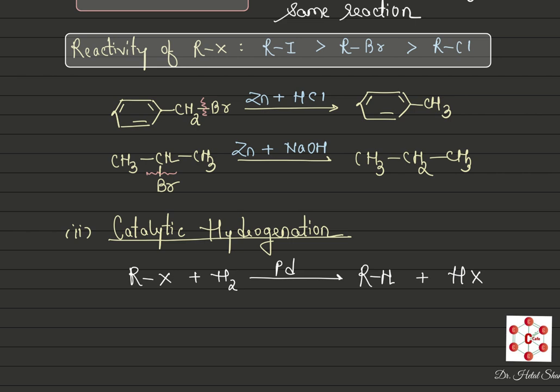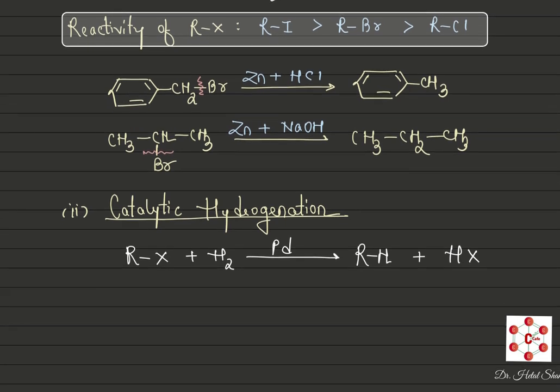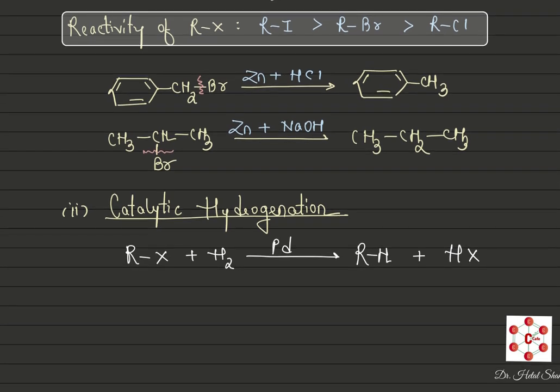So again, all these methods are used for primary, secondary, or tertiary alkyl halides. Generally, this RX can be primary, secondary, or tertiary alkyl halide.